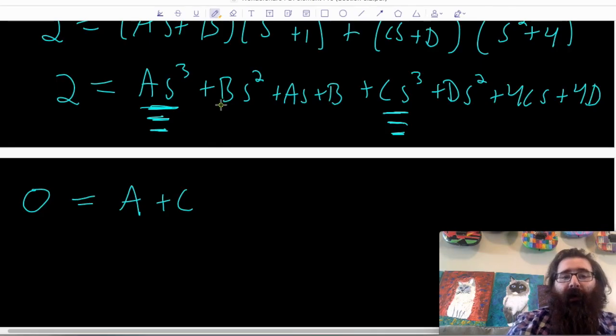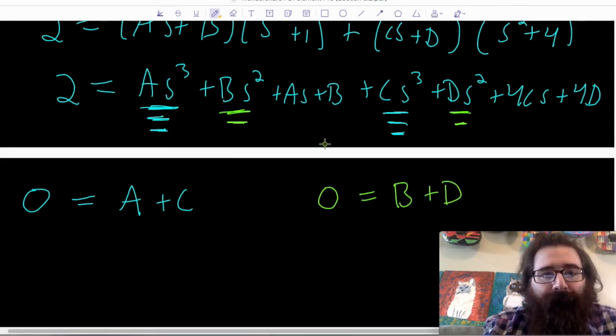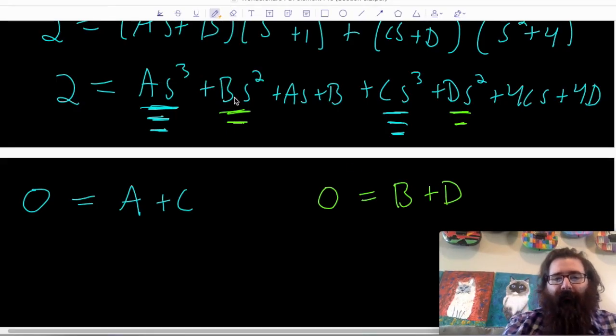Let's do s squared. Here on the right we have bs squared and ds squared, and on the left we have no s squared. So very similarly, 0 s squared should be equal to b plus d on s squared. Okay, let's talk about s to the first.